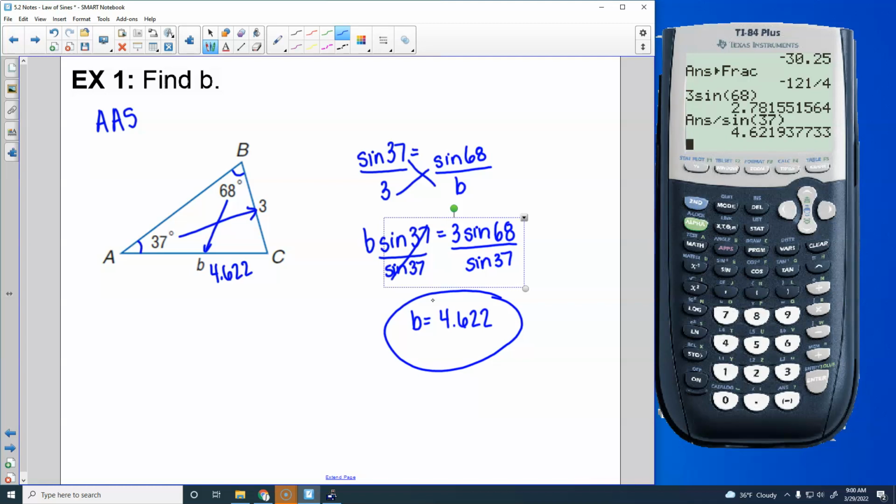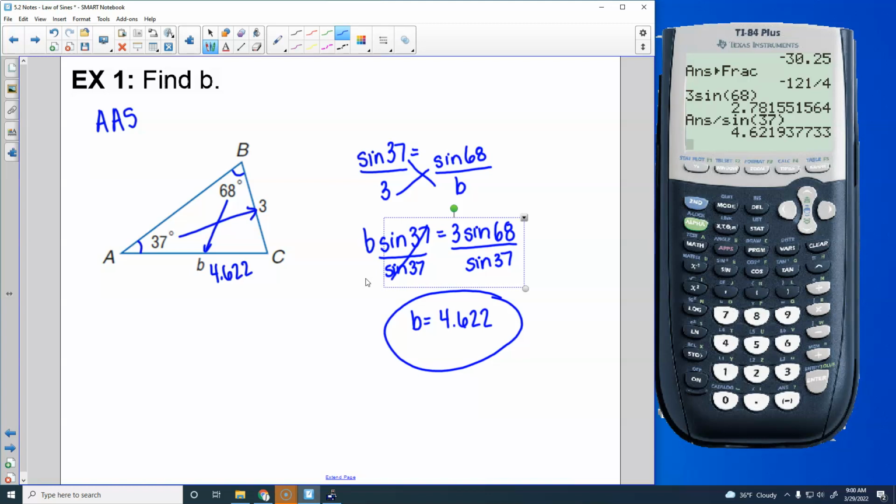Alright, questions here? Now the good thing about law of sines is it works for every single triangle. You don't have to have a right angle. Notice we don't have a right angle in this triangle, so it works for any triangle, including right triangles. Some students give up on sine, cosine, and tangent and just start using law of sines and cosines on triangles because it does actually work if you have a right triangle.